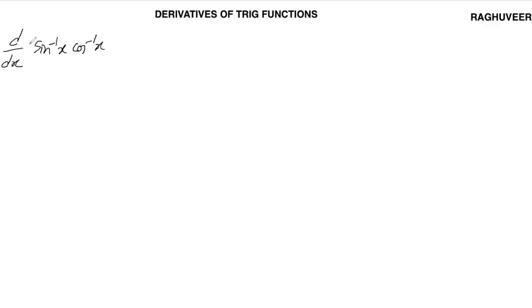So here's another problem. Let us apply the product rule here. Let's consider f of x as sine inverse x and g of x as cos inverse x. So let's solve this, which is d by dx of f into g.